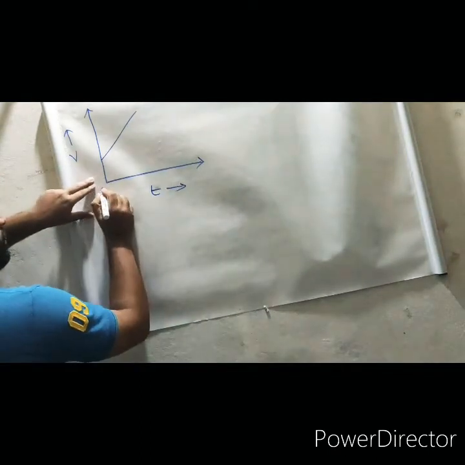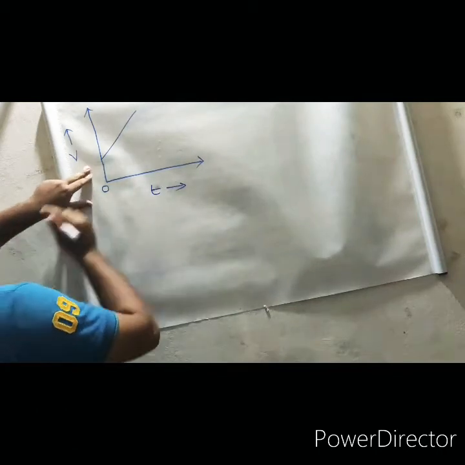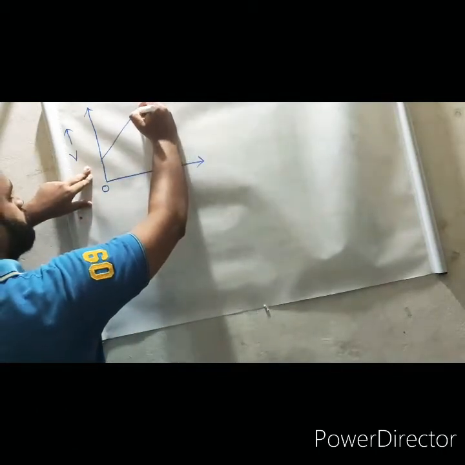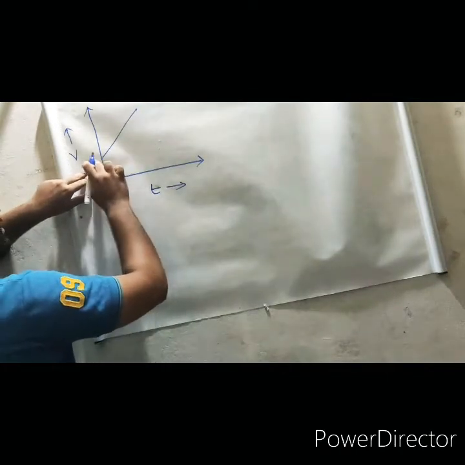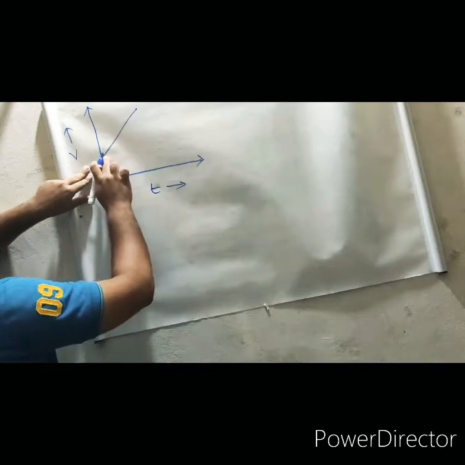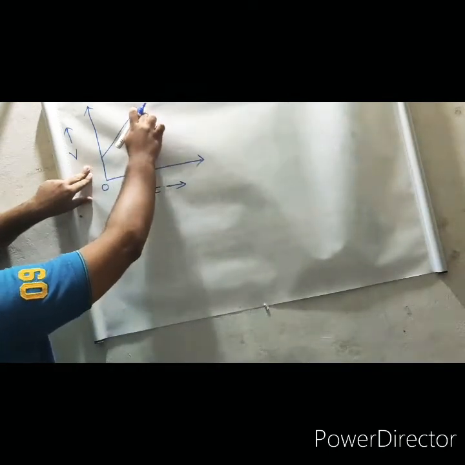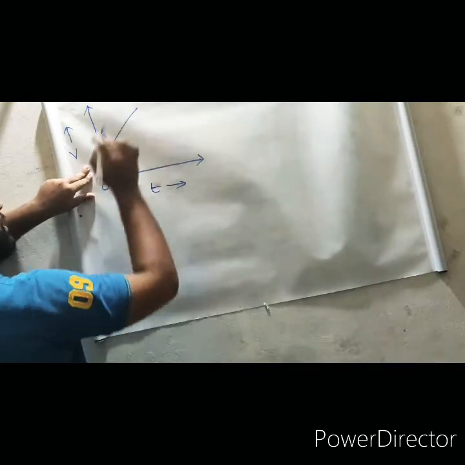This is the origin O. This is the initial velocity of the object, and this is the final velocity of the object.